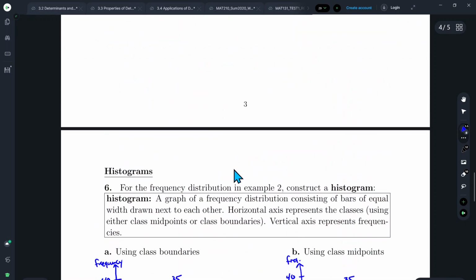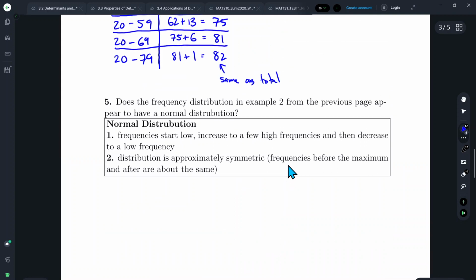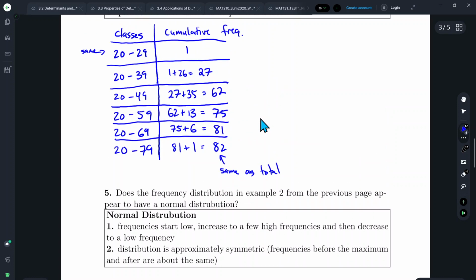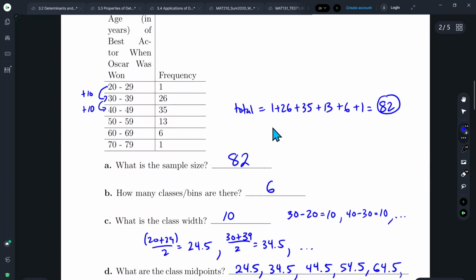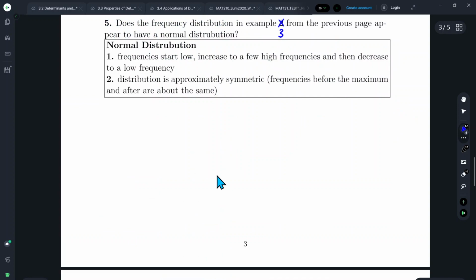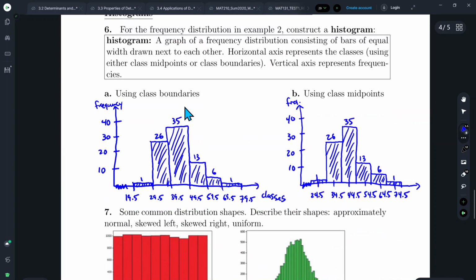So, with this in mind, we can go back to this previous problem, which asks whether the frequency distribution here, this should actually say example 3, seems to be approximately normal, right?